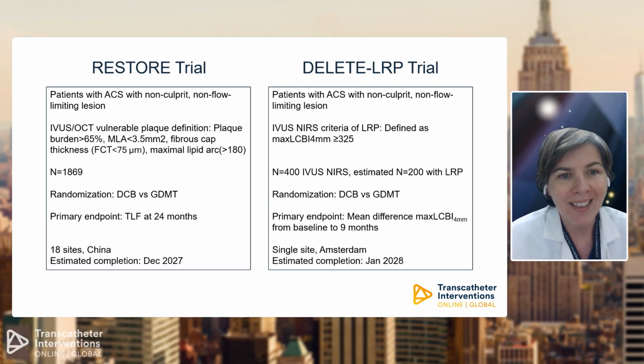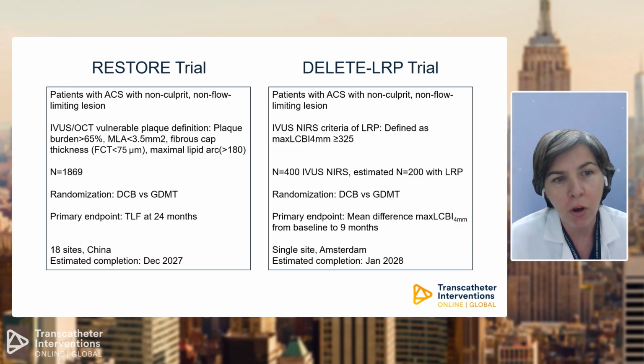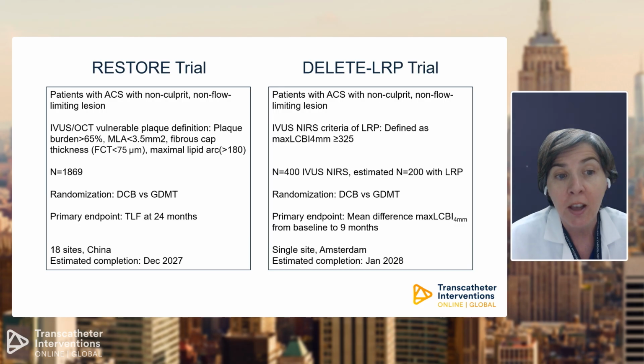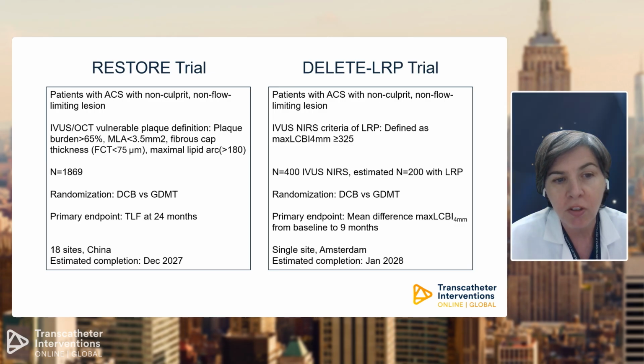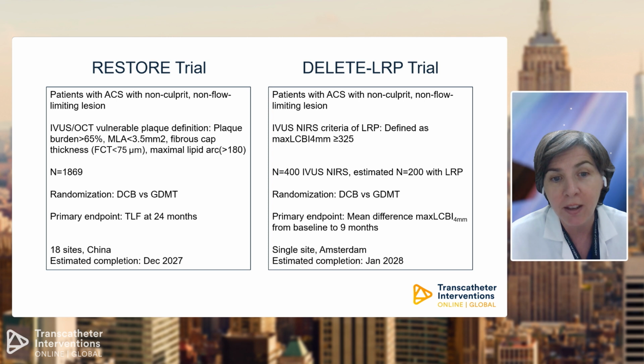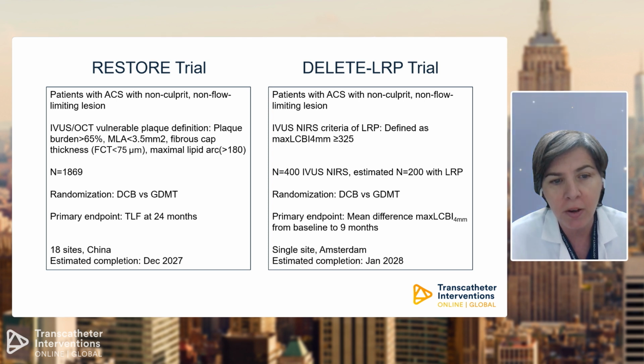I'll start on the right, DELETE LRP, another study from the Netherlands group. So again, all these trials recruit the same patient population, ACS, non-culprit, non-flow limiting lesions. This is a follow-on trial with IVUS NIRS, with the LRP identified again with the LCBI of greater than 325. 400 patients will have IVUS NIRS. They estimate 50% of these will be identified to have a lipid-rich plaque, and go on to be randomized to DCB versus medical therapy.